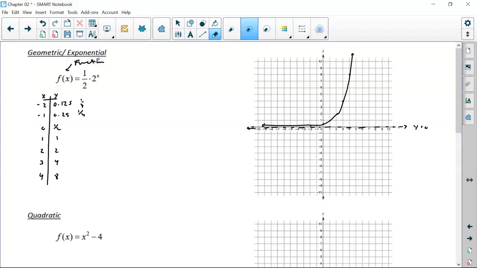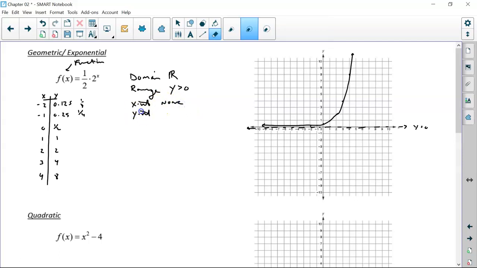Now, our domain is going to be all real numbers. We're going all the way left and all the way right. Our range, we're going from 0 and up, but we never reach 0, so y is greater than 0. Our x-intercept, we never reach the x-axis, so there is no x-intercept.